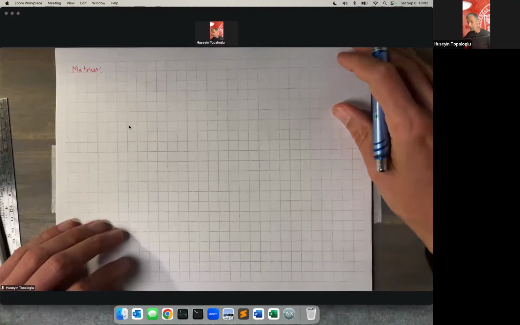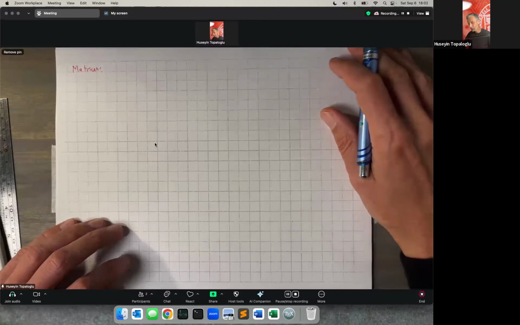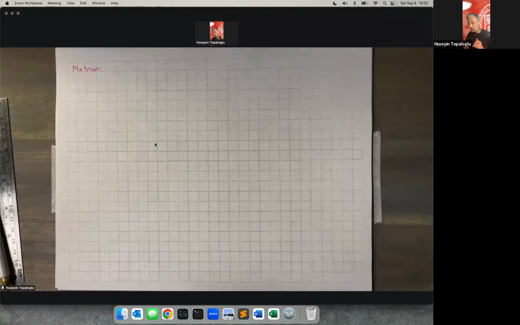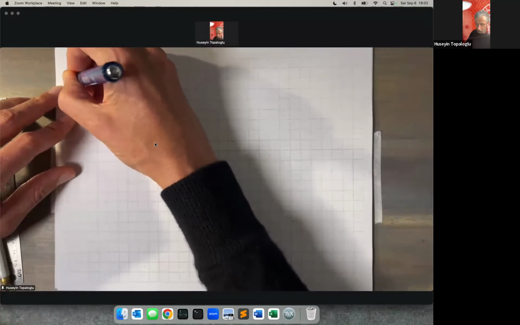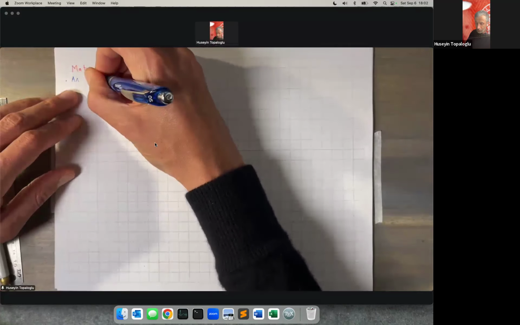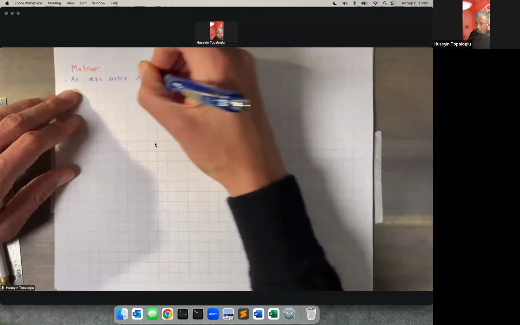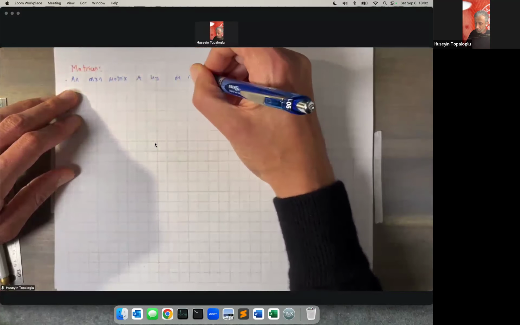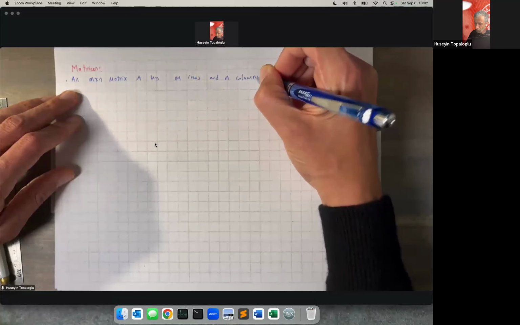Let's say an m by n matrix. When I say an m by n matrix, this matrix has m rows and n columns. So an m by n matrix A has m rows and n columns.